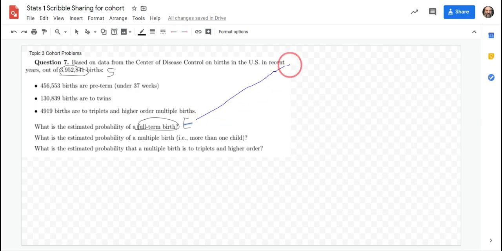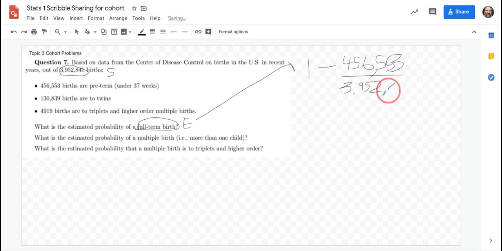So for the first one, we get the very simple answer of 1 minus 4, 5, 6, 5, 3, 5, 5, 3 over 3, 9, 5, 2, 8, 4, 1.